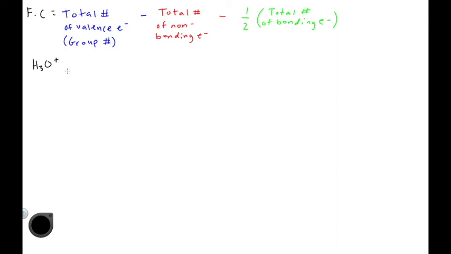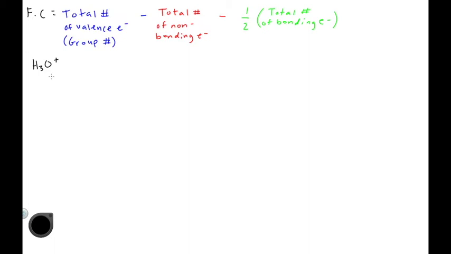Right, and so hydronium is a positively charged ion that results from the polarity of water molecules. Because water is polar, its negatively charged region attracts a hydrogen atom from a neighboring water molecule, and that's what gives us the formula H3O plus.